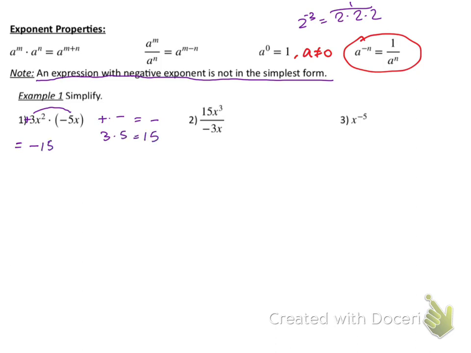Then you have x squared times x to the first power. You are multiplying two powers with the same base x, so you keep the base and add the exponents. That's why I'm adding that invisible 1 back, because I'm adding 2 with 1 to get 3. So x to the third power.